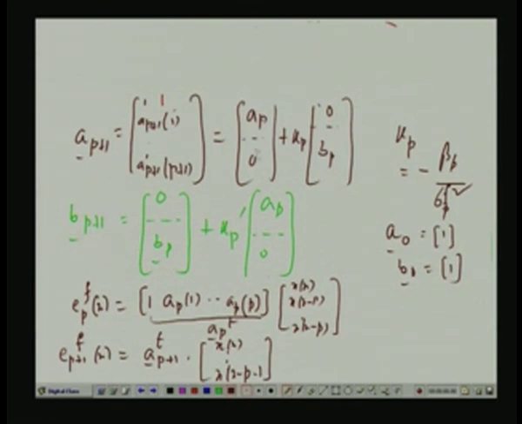The first term is A_p 0. So, forget about the last entry of this vector. So, you get A_p transpose x_n. The last entry of this vector, x_{n-p-1}, is to be discarded here because that gets multiplied by 0. So, what you get is A_p transpose x_n, and what is A_p transpose x_n? That is again e_p f_n, and K_p is what?